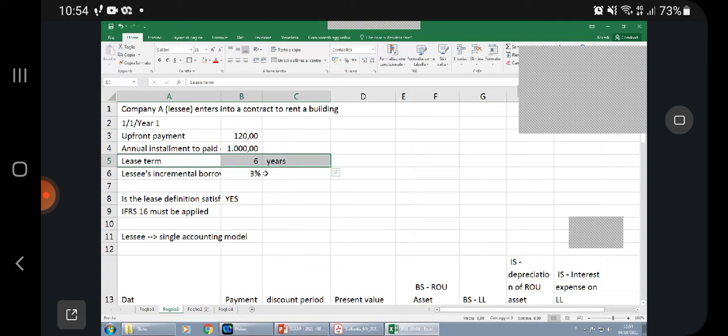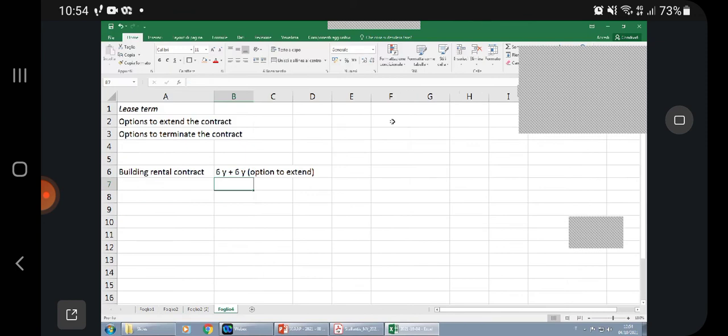But in Italy, and also in other parts of the world, it is mandatory to allow the lessee, the tenant, to decide to extend for other 6 years the rental. The decision is up to the lessee, to the tenant. Okay? So on January the 1st, year 1, the company has to assess the probability to exercise or not to exercise the option to extend for other 6 years.